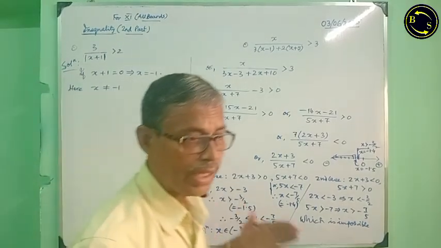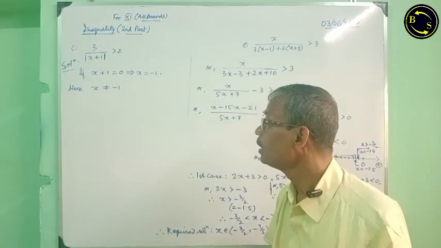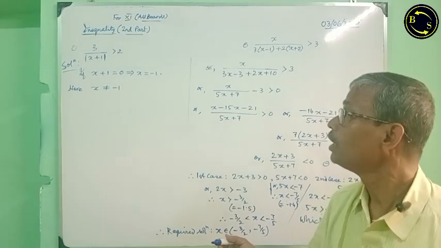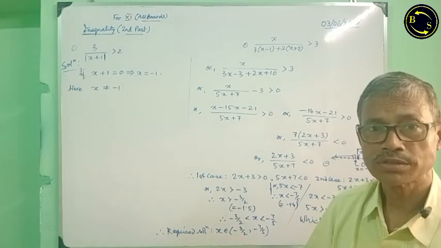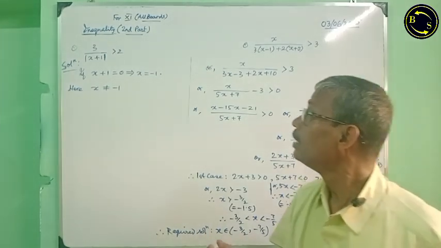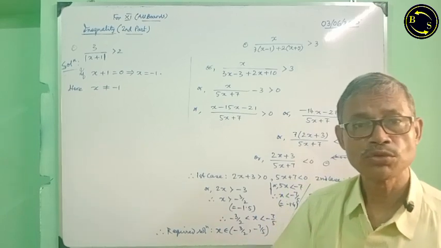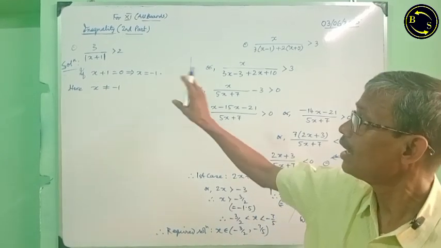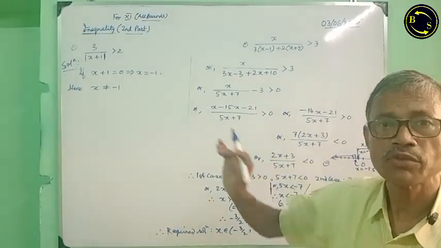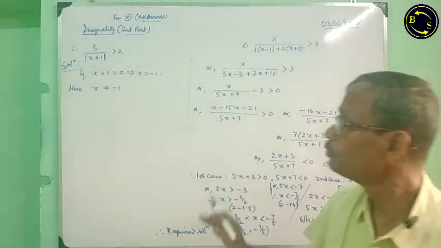Now x equal to minus 1 divides the whole number line into two parts. We have to consider those two parts.